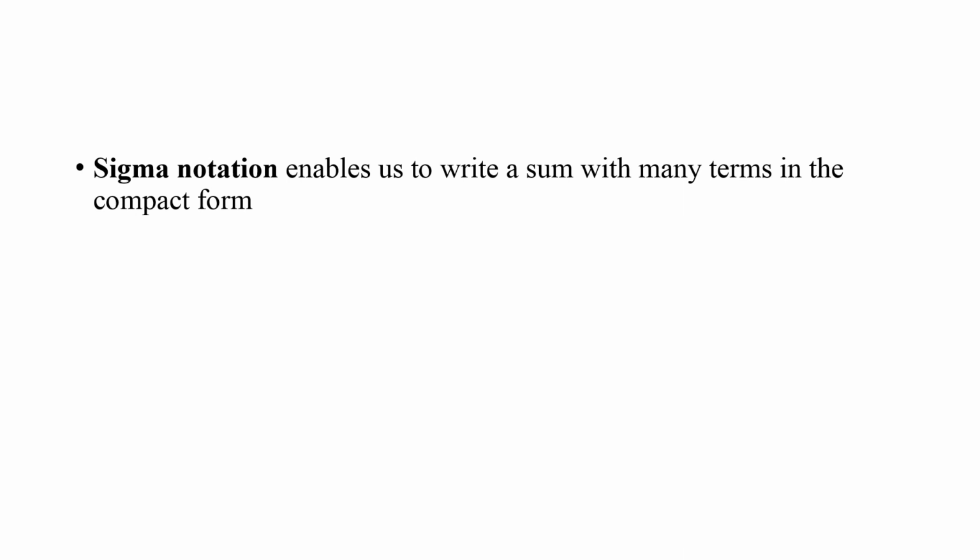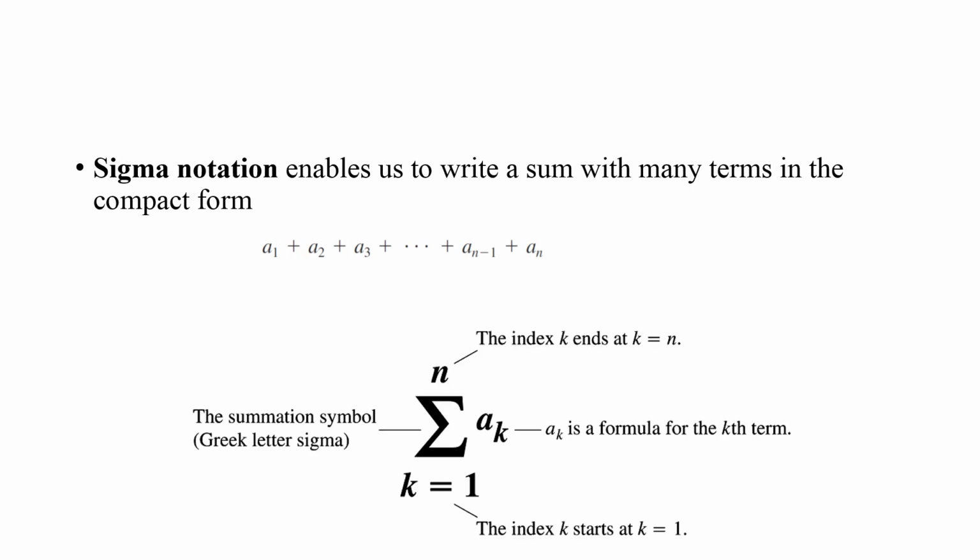So sigma notation enables us to write a sum with many terms in a compact form. For example, if we have this sum a1 plus a2 plus a3 up till an, how can we write this sum in one term in sigma notation? See, this is how we can write this sum in this form. This notation is called sigma because of this symbol, which is the summation symbol, the Greek letter sigma.